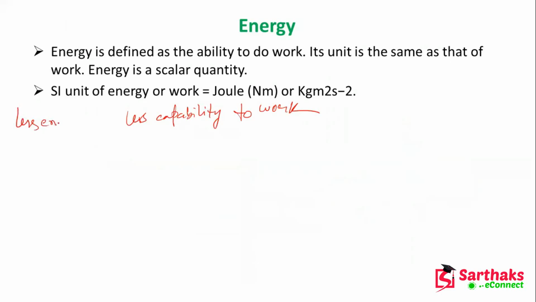That means it is the ability to do work, and its unit is the same as the work. Energy is a scalar quantity. There is no direction here. The SI unit of energy or work is joule.